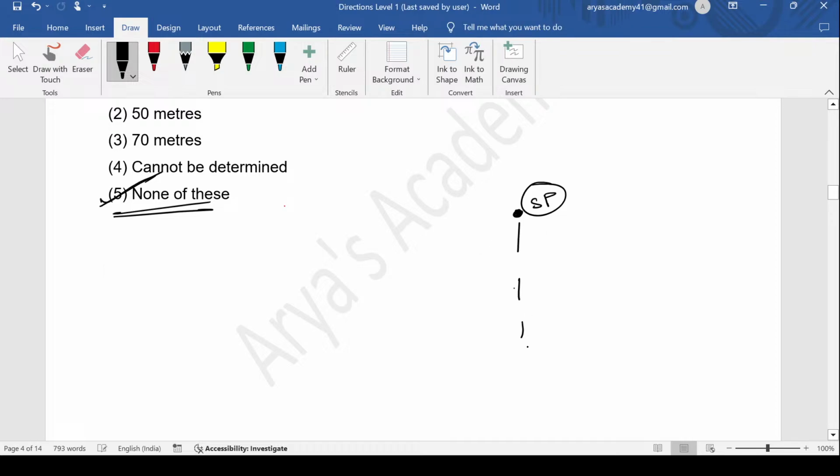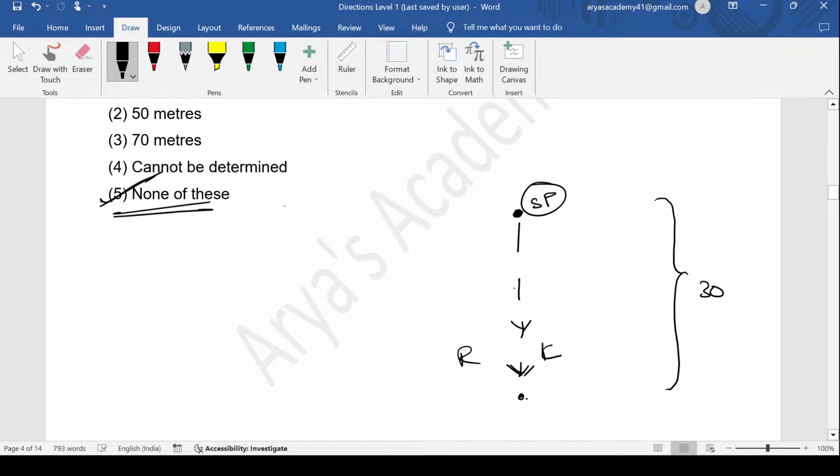From starting point he has gone for 30. So this total value is 30. Okay. Now he has gone in this direction, means he is facing this direction. This is left, this is right.